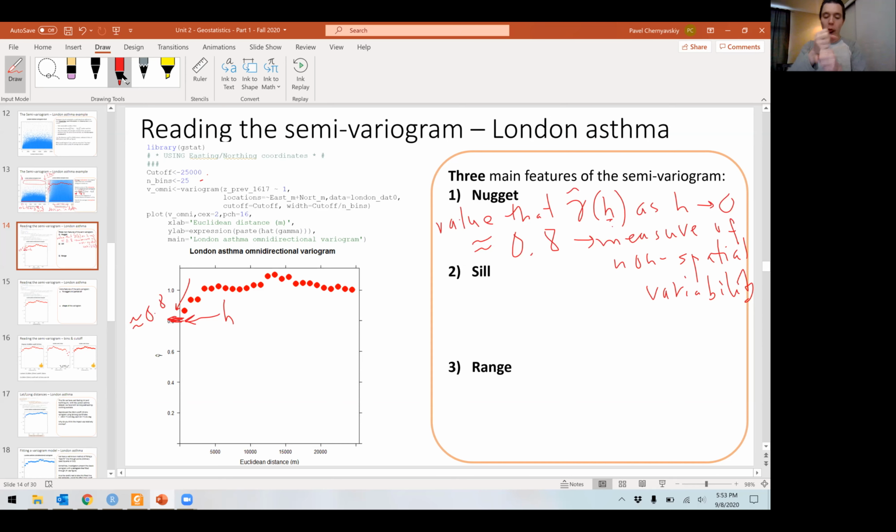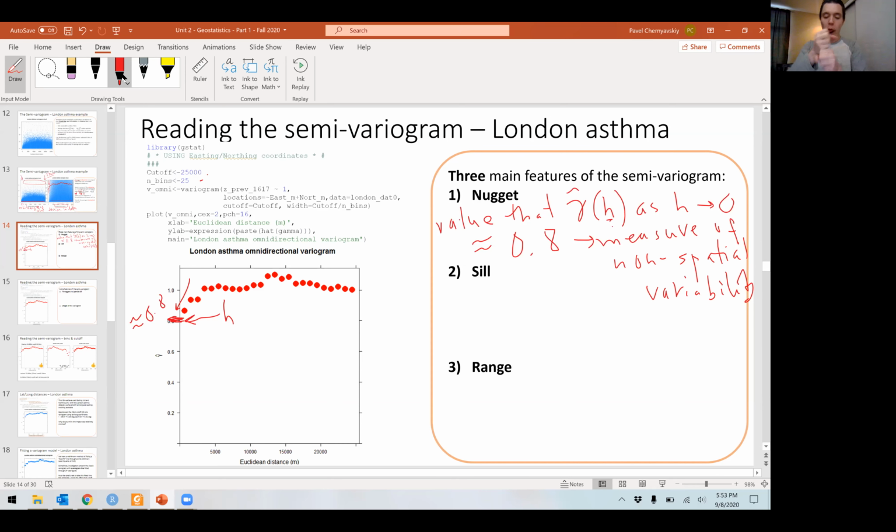As far as the sill goes, we have to blur our eyes a little bit and ask: what is the value that, past a certain distance, our variogram is oscillating randomly around? And that value seems to be about 1.